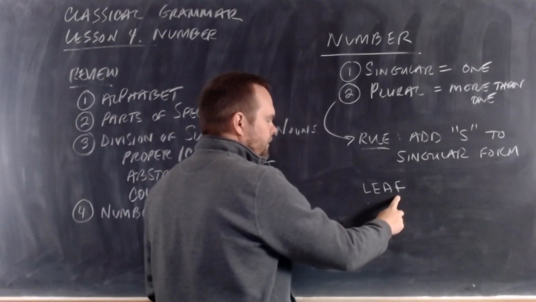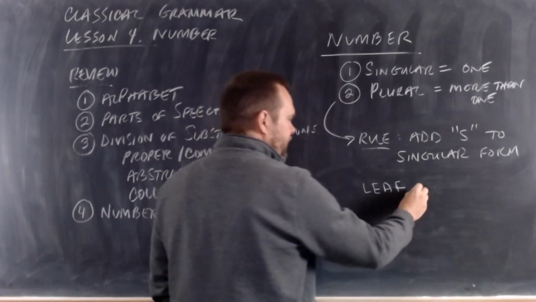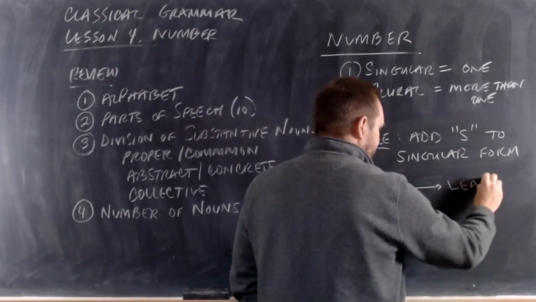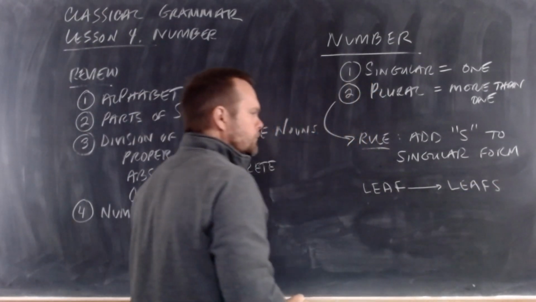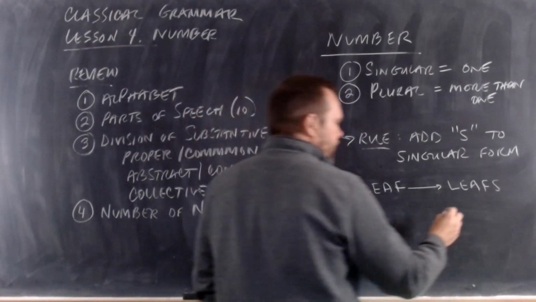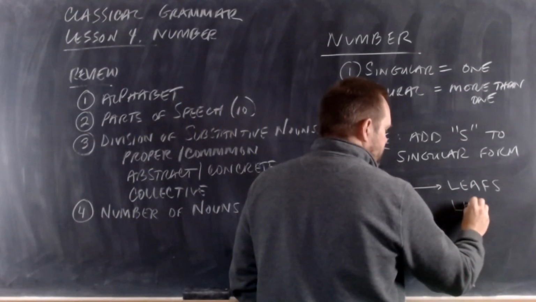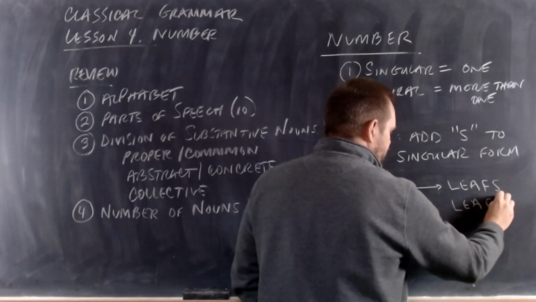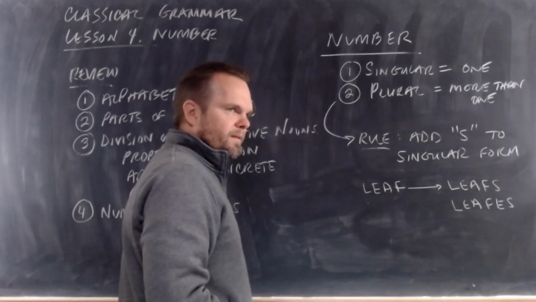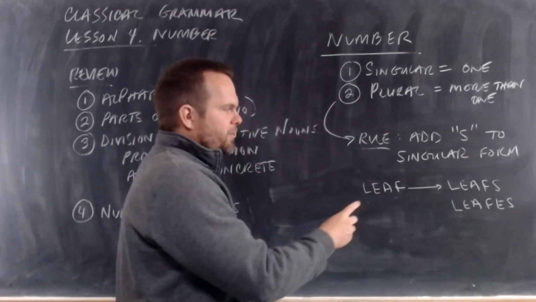So we have a noun like leaf that ends in an f. If we want to express the plural, we don't simply add s. We don't say leafs. We also don't just write es. We don't say leafes. Right? And you see the problem.